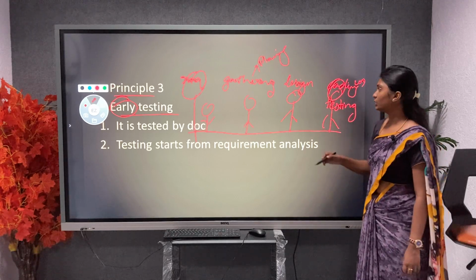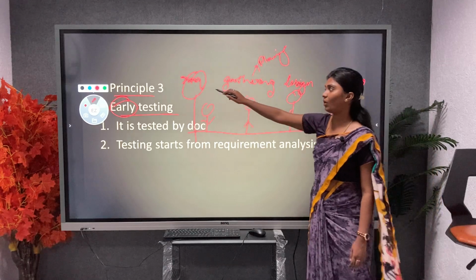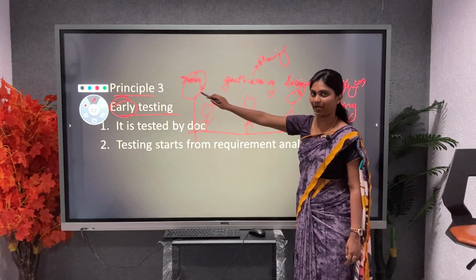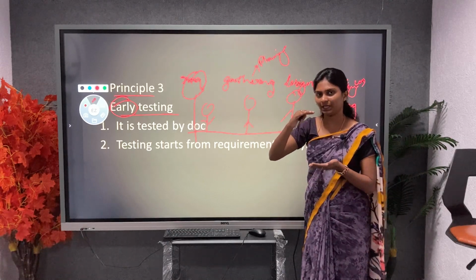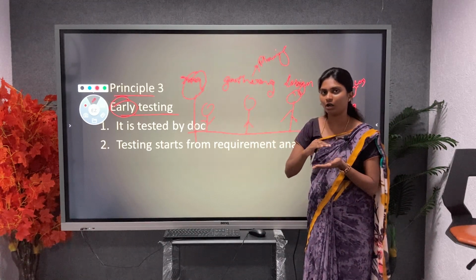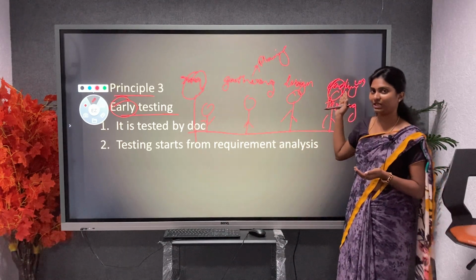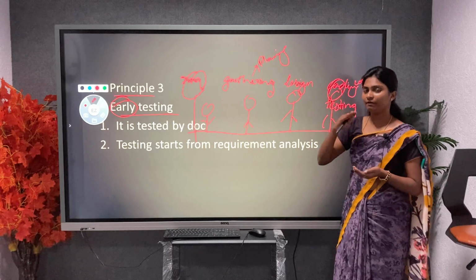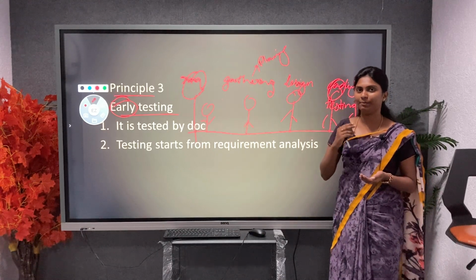So these are the testings, okay, from requirement gathering only we will increase the testing, we will decrease the bugs or faults, so we can develop the testing and our performance and quality will be best.